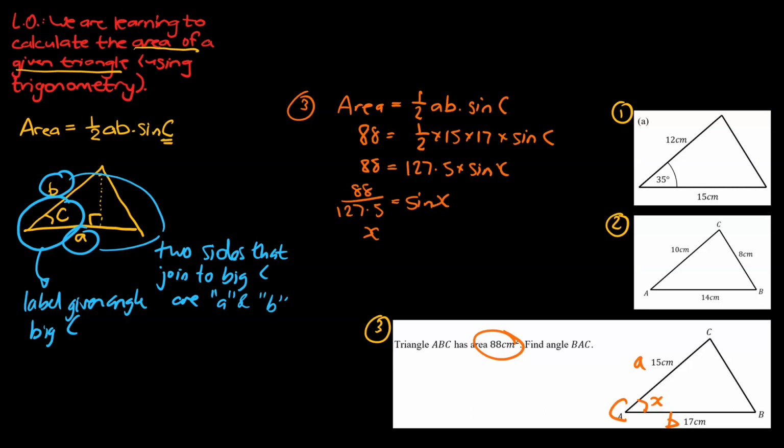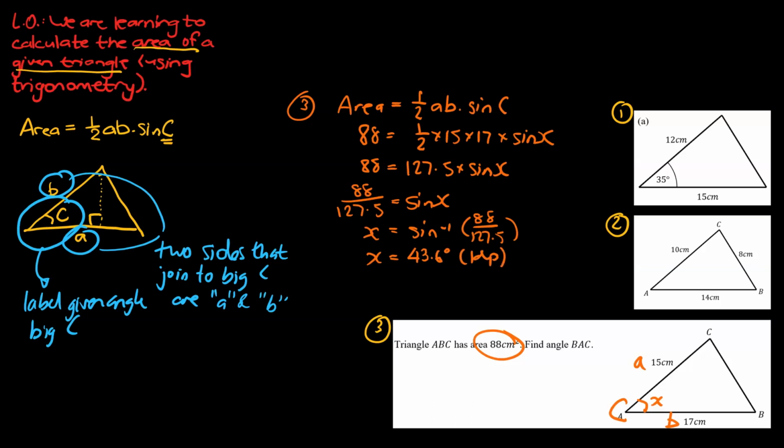So let's call that all X because that's what we've labeled it. So X will be equal to inverse sine of 88 divided by 127.5. And when you put that into your calculator, X is going to be equal to 43.6 degrees, rounded to 1 decimal point.